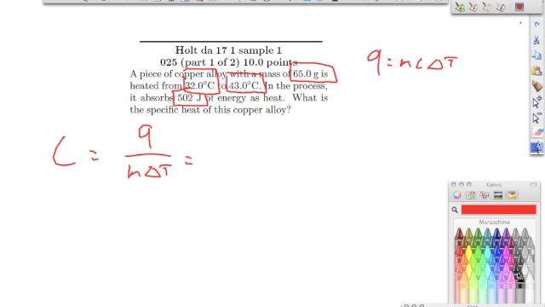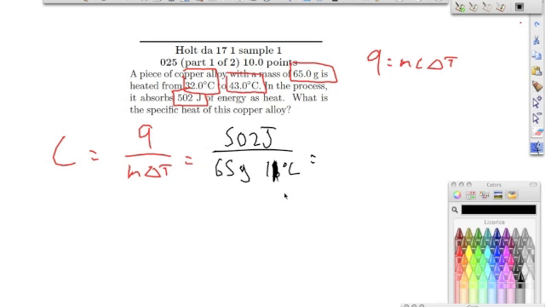When we plug this in, we have a Q value of 502 joules over a mass of 65 grams times a change in temperature, and when we do 43 minus 32, we get a change in temperature of 11 degrees Celsius, or Kelvin, either way, it's just a change in temperature of 11 degrees.